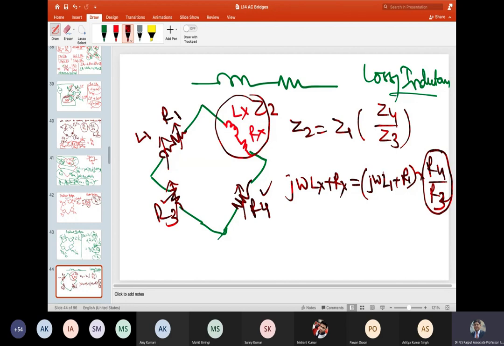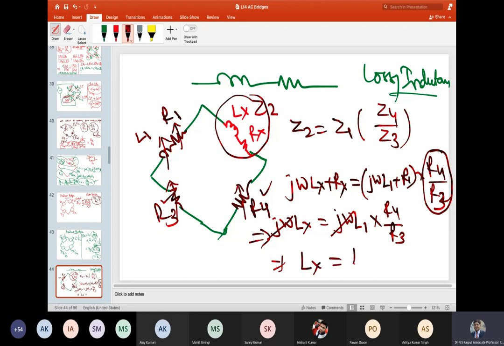So it can simply be multiplied inside, and what you will get is, so this gives you j omega Lx is equal to j omega L1 multiplied by R4 by R3. So these two cancel out. So what you are getting is Lx is equal to L1 multiplied by R4 by R3, which is a constant.